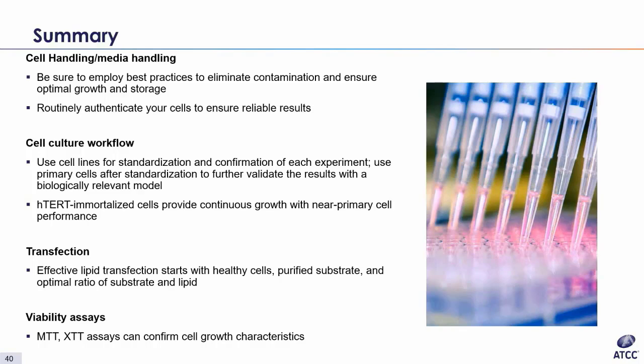Immortalized cells can be the best of both worlds, with continuous growth and primary cell characteristics. The key to good transfection practices relies on the use of healthy cells, purified substrates, and optimization of the lipid to substrate ratio. Lastly, you can monitor cell health and viability with the MTT and XTT viability assays.